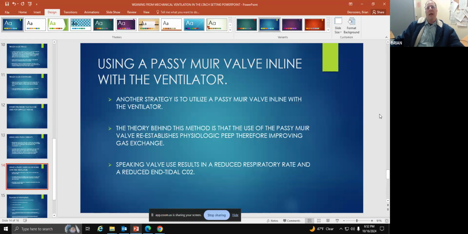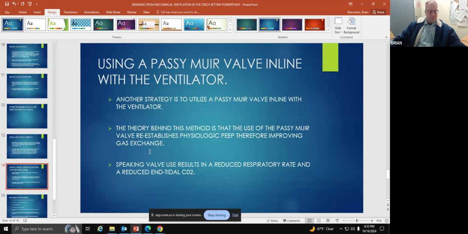When you use it in line with the ventilator, it works in much the same way, creating that closed system. When they inhale, the ventilator gives them the breath. When they exhale, the valve closes and they exhale through their upper airway. That helps them reestablish some physiologic PEEP, also improving gas exchange.